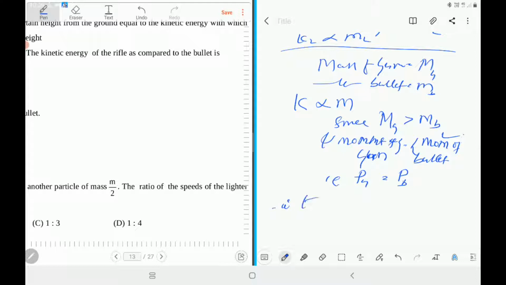Therefore, use the kinetic energy relation in terms of momentum: P squared by 2m. Right? Since momentum is the same, K is proportional to 1 upon m. That's why it is an inverse relation. Since mg is greater than mb, kinetic energy of the gun is less than the kinetic energy of the bullet.